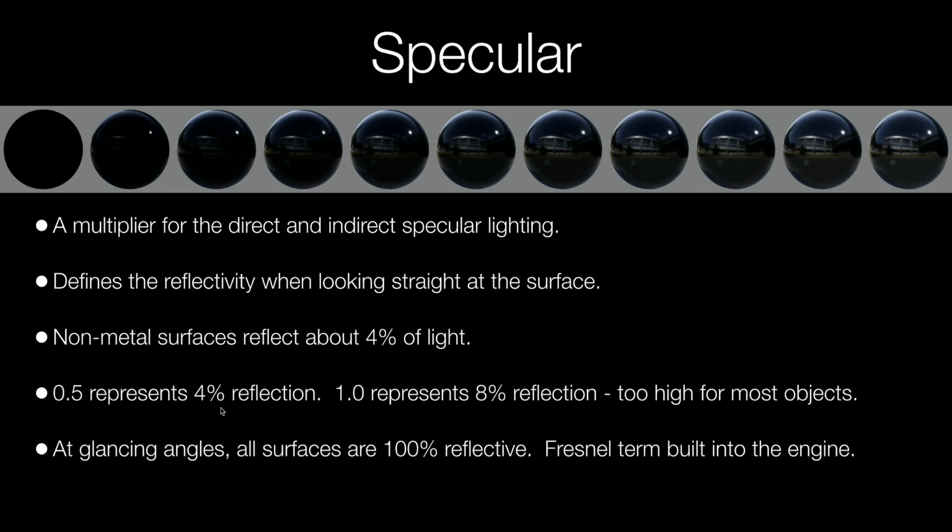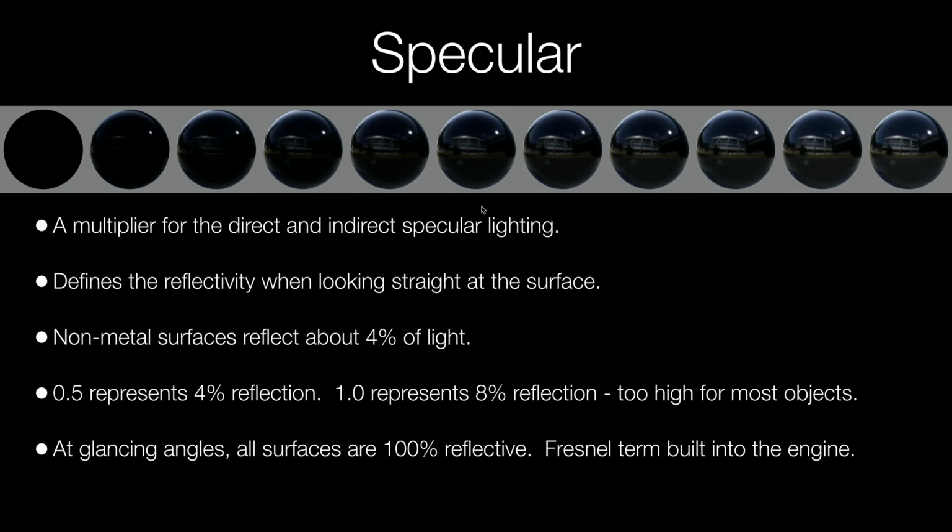Now, there is a really interesting feature of surfaces, and that is they're 4% reflective when you're looking straight at them. But then around on the glancing angle, where the surface is pointed just about 90 degrees from your view angle, all surfaces go up to be 100% reflective. This is called a Fresnel term, a formula that increases the reflectivity as the surface goes from pointing straight at you to being perpendicular to your view.